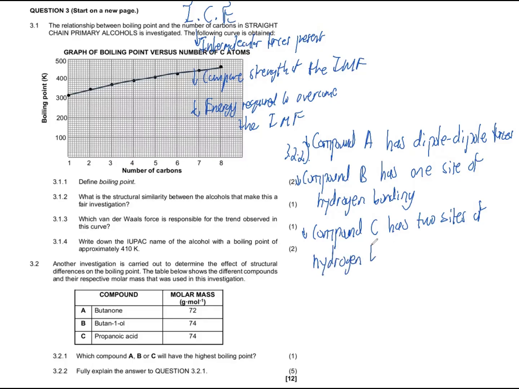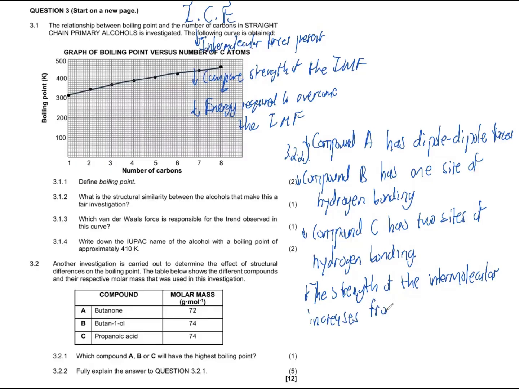Now, remember when you are comparing more than 2 compounds, we are now talking about a trend, right? So when it comes to a trend, you have to put your point like this. The strength of the intermolecular forces increases from compound A to C, right?